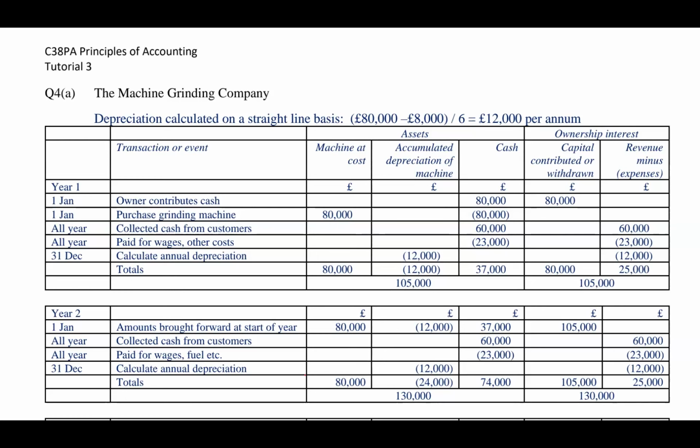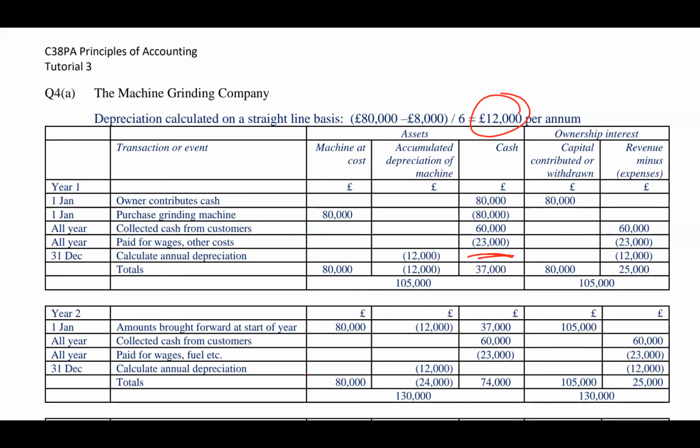All right, great. So we go to the calculated annual depreciation now. There is that 12,000 depreciation that you have. You know that depreciation is an expense, isn't it? Yes, it's an expense. We have not paid cash, because I'm sure you understand this from the cash flow statement.